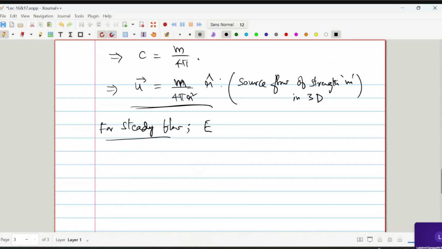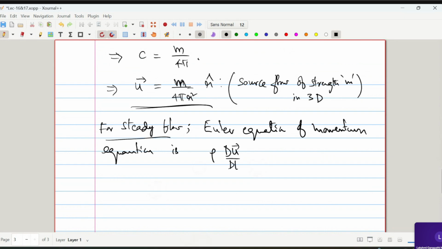I'll write Euler or momentum equation. Momentum equation is rho into du by dt equal to minus grad p plus external force B.